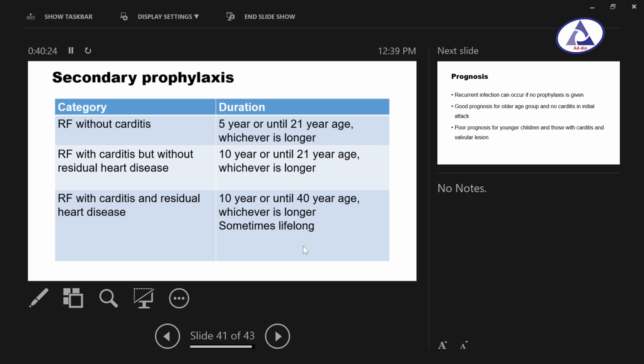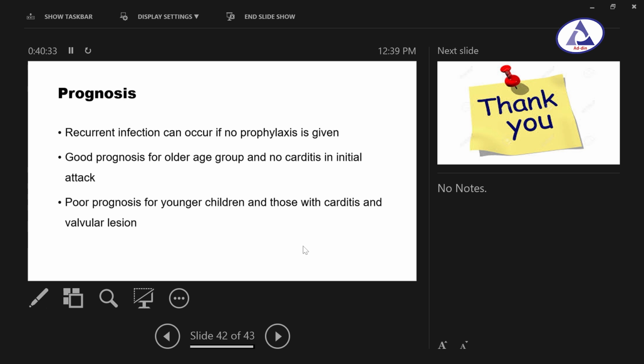So, this is the treatment of secondary prophylaxis, and now we see the prognosis of the child. Prognosis depends upon early treatment. Recurrent infection can occur if no prophylaxis is given.